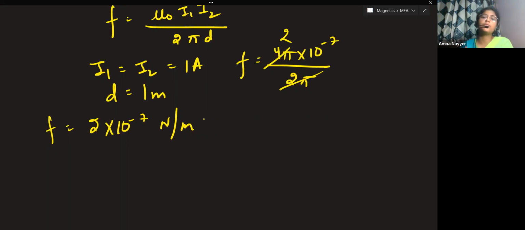If the question comes in your board exams, which is very rare, asking you to calculate or define 1 ampere for two long conductors, you can show this calculation.